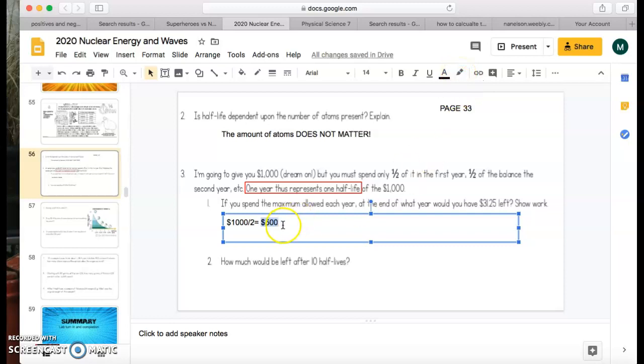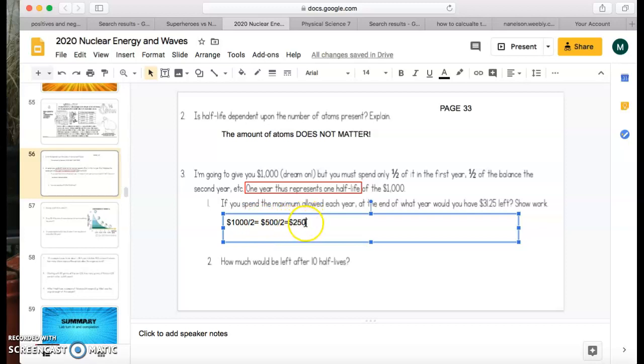That's it. So now, are we at the $31 yet? Nope. So we're going to divide it in half again. Now, I only have how much? $250. So I've been through 1 half-life, which is 1 year, 2 half-lives, which is 2 years.